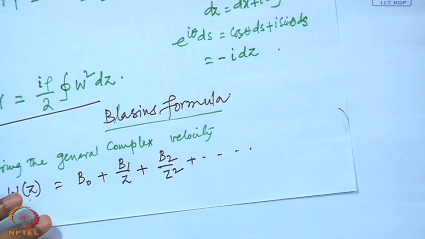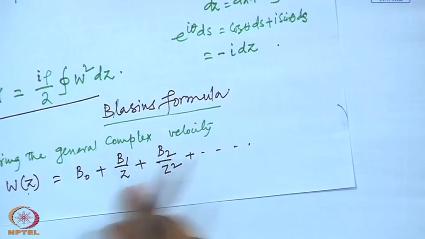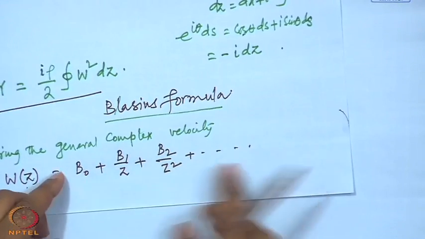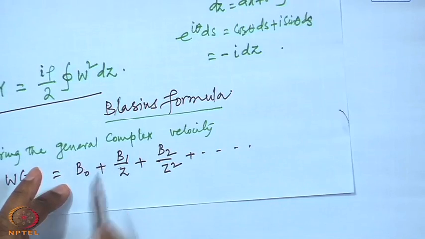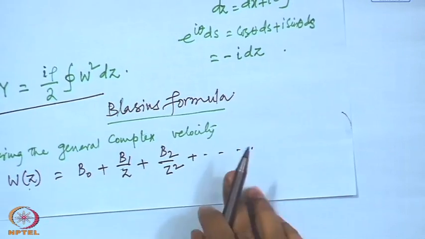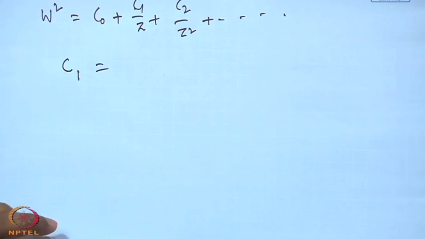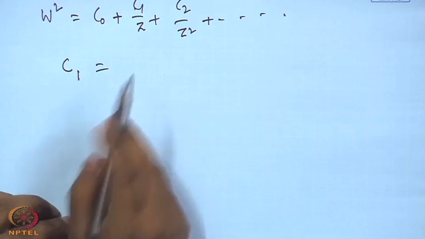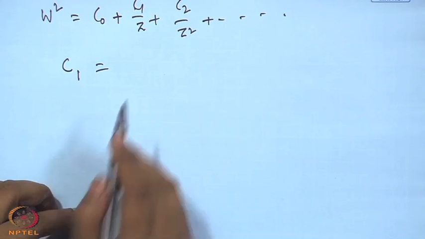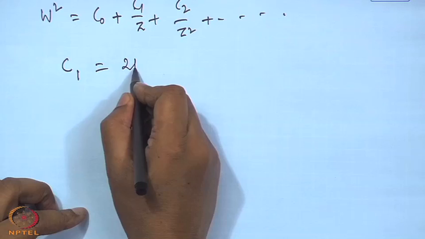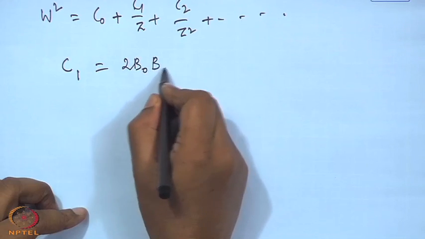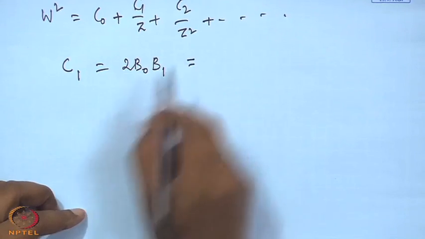That is what is going to give us 1 by z, nothing else is going to give us 1 by z. Each of these terms will be squared or they will be multiplied by 2. So only these two will be multiplied, and coefficient C1 is only 2 B0 B1. And how much is that?